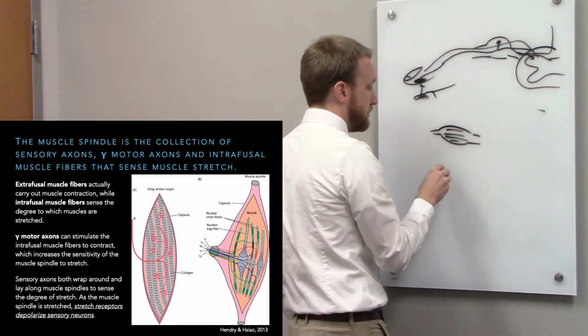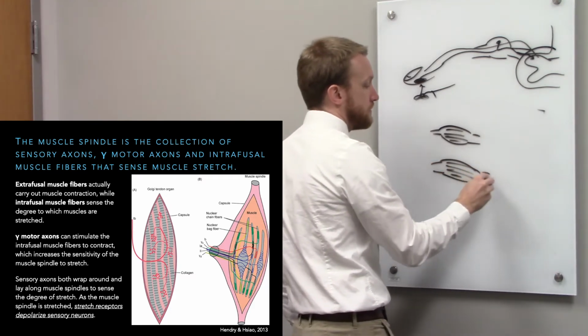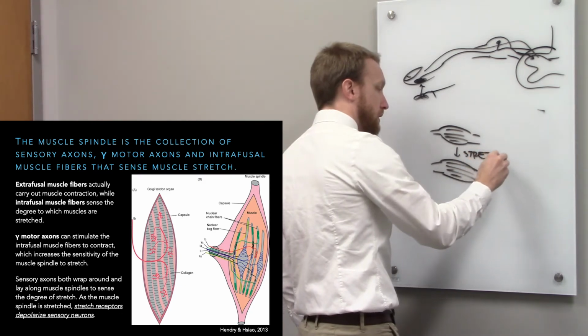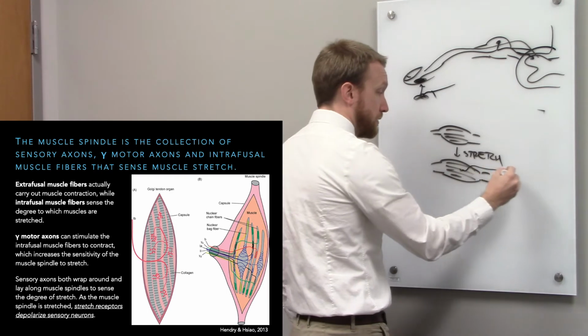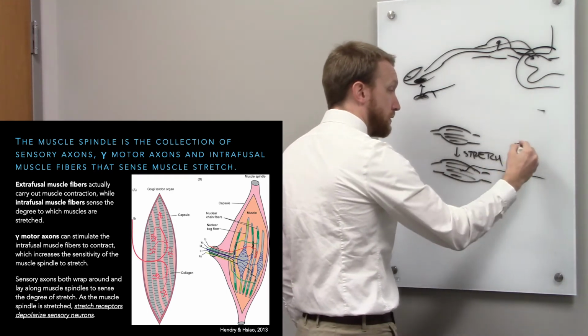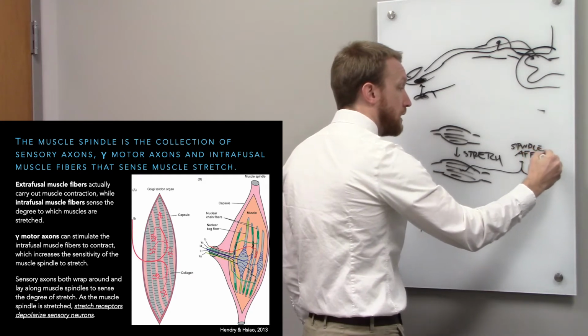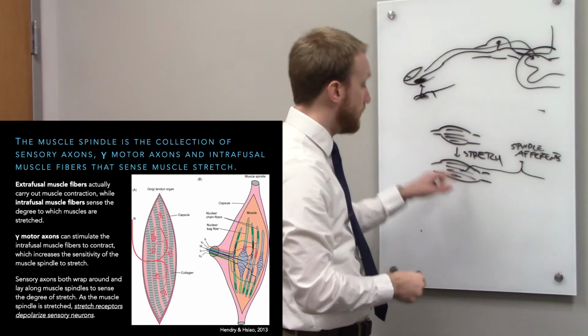Let's say here's a muscle, and then we stretch that muscle. Notice it's a little bit longer down here. That stretch is going to be sensed by spindle afferents. Same idea here, it's still mechanically gated ion channels. Rather than sensing skin stretch, we're sensing muscle stretch.